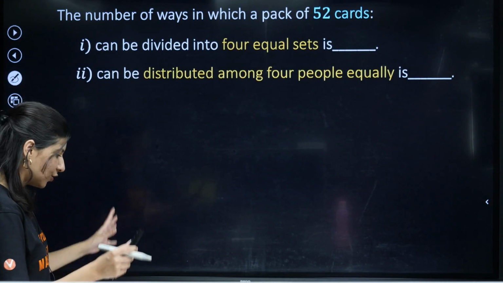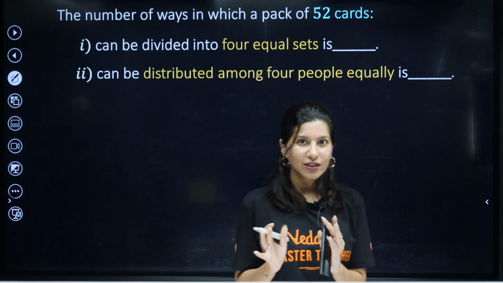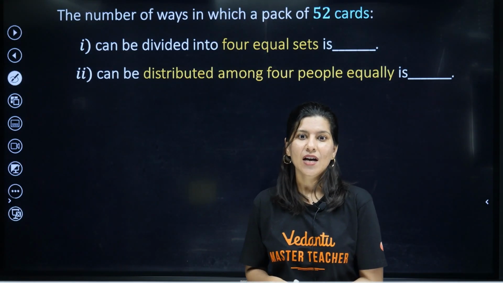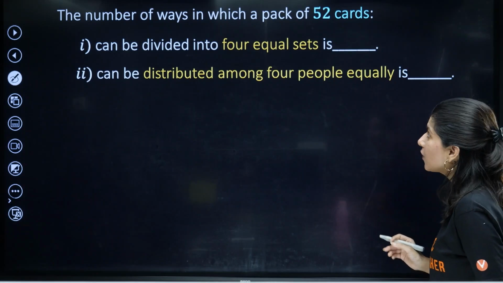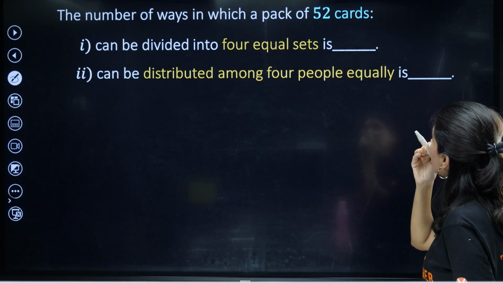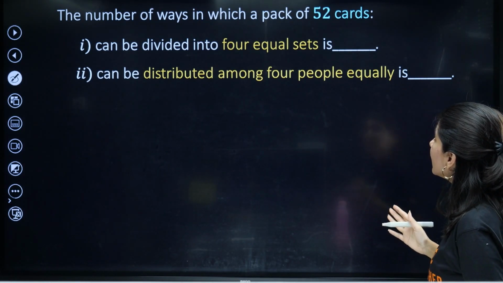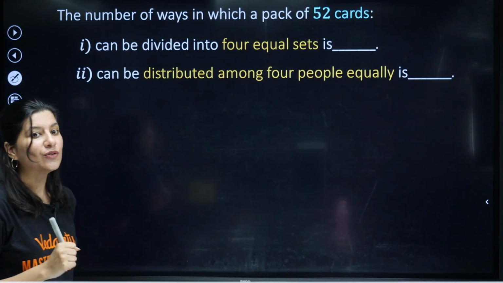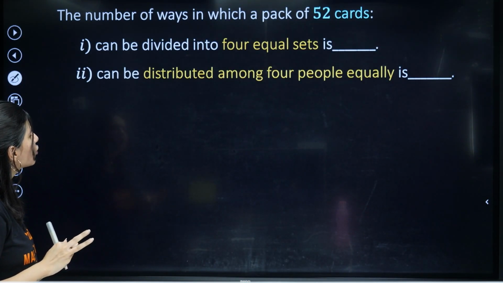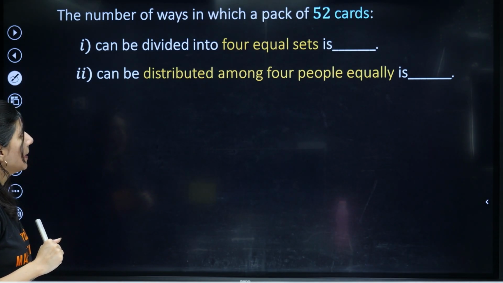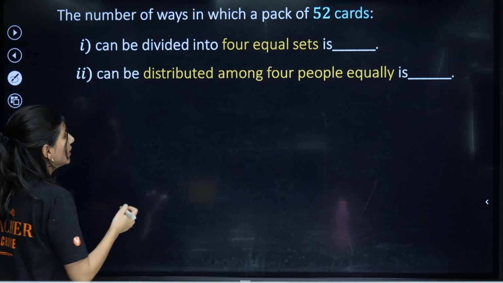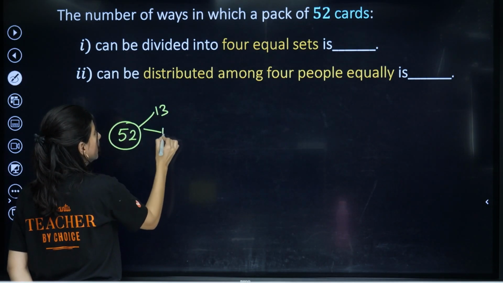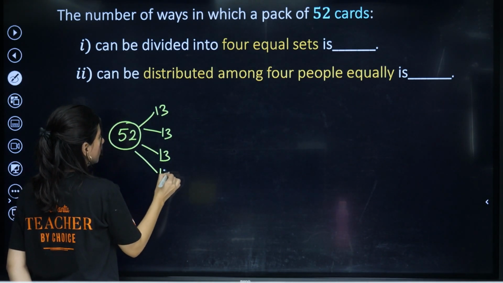Okay, all right, chalo. So I guess we are done with the exercises now. Let's get back to the straight question. The number of ways in which a pack of 52 cards can be divided into 4 equal sets. Acha. The 52 cards divided into 13, 13, 13, 13.